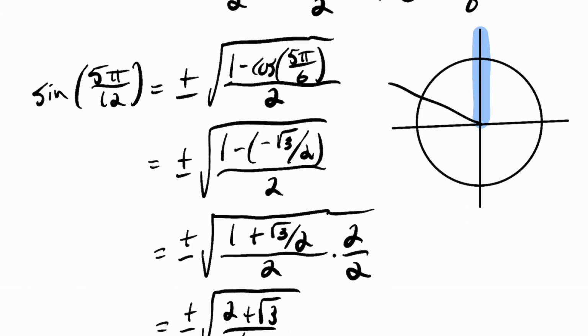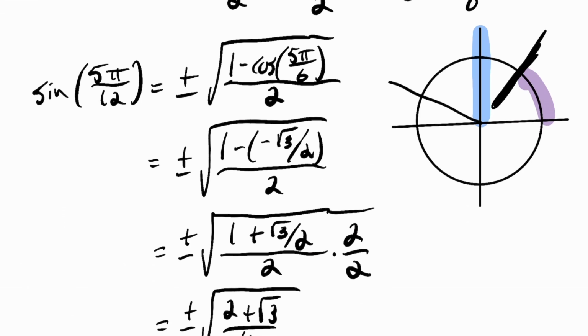If I go to pi over 2 and take half of that, it's going to be halfway up to that point. This space here is equal in quantity to this space here. We're cutting the angle in half. So cutting pi over 2 in half gives pi over 4, which is in quadrant 1.